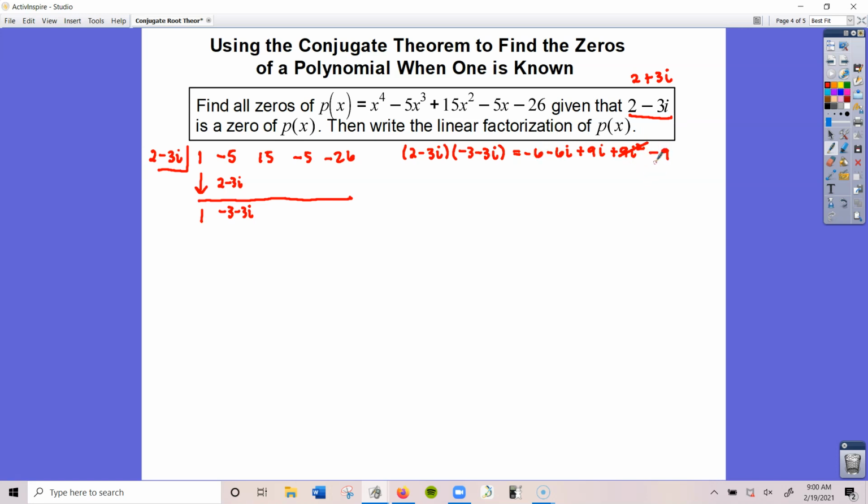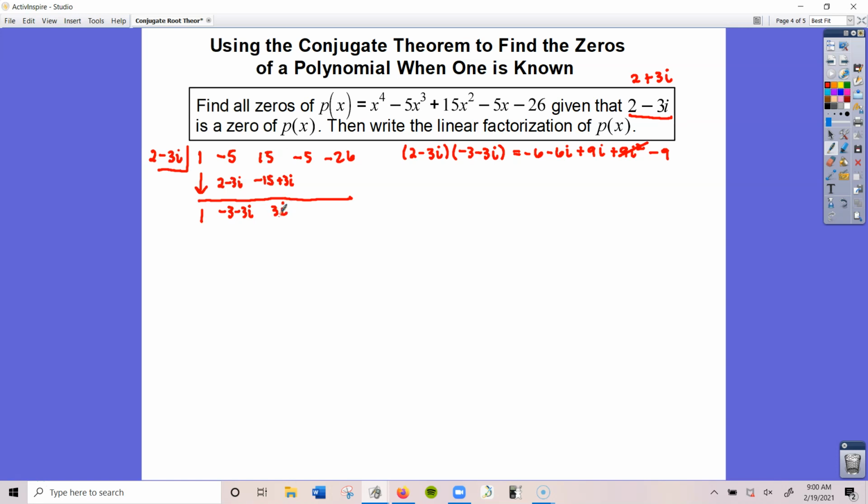Negative 6 minus 9 is negative 15. And then negative 6i plus 9i is 3i. So plus 3i. Combine, negative 15 plus 15 is 0, so 3i.